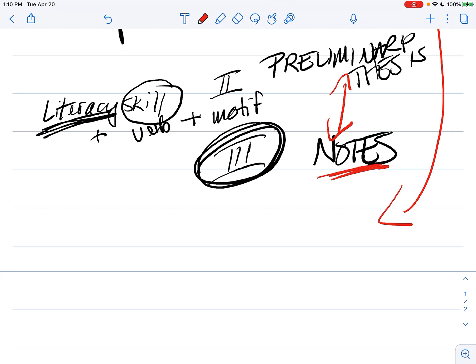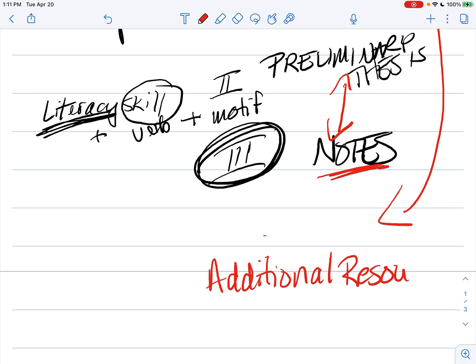Then after I go through those 12 sources, that's when I get my additional research. This is when I go back to that preliminary thesis and I see, what am I missing? What didn't I find evidence for in those 12 sources that I already have? And this is going to be 3 to 8, not 3 plus 8.